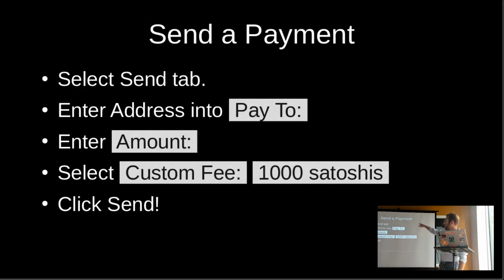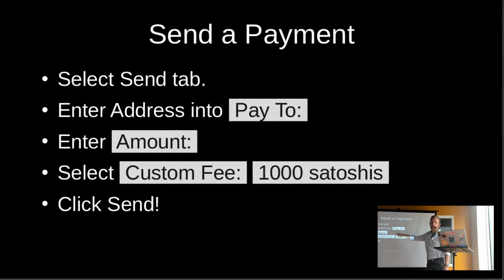So let's go ahead and try to send a payment. So you have a bunch of money. If you go to your actual wallet and select the send tab, you can put an address into this pay to field. Now, it's very easy to pay yourself in Bitcoin. All you have to do is generate a new address, put that address here, and put an amount.